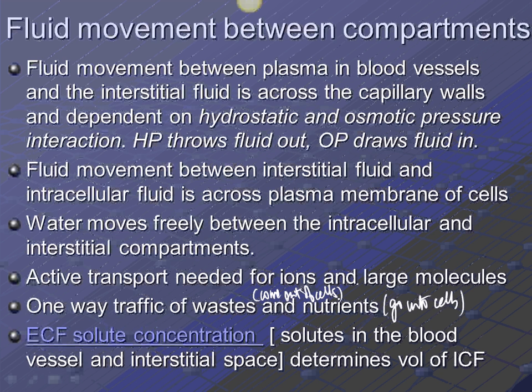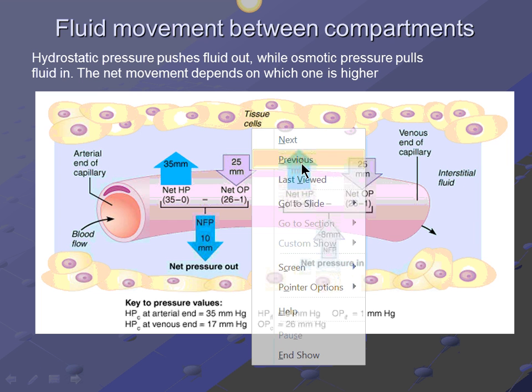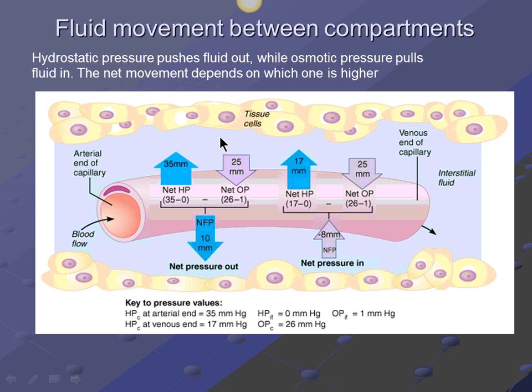So that's specific to waste. The next thing, the fluid present in the interstitial space will determine the volume of intracellular fluid. Much depends on how much solute is present here. The extracellular fluid, that means here and here.